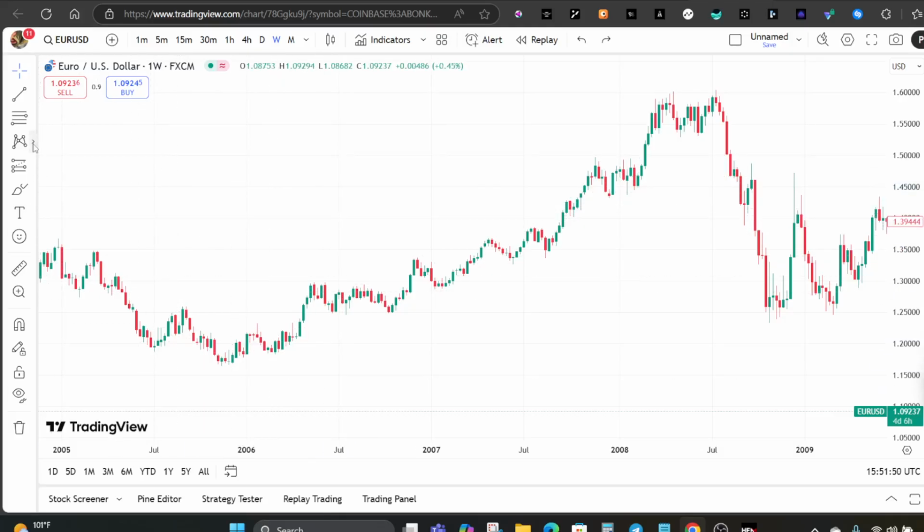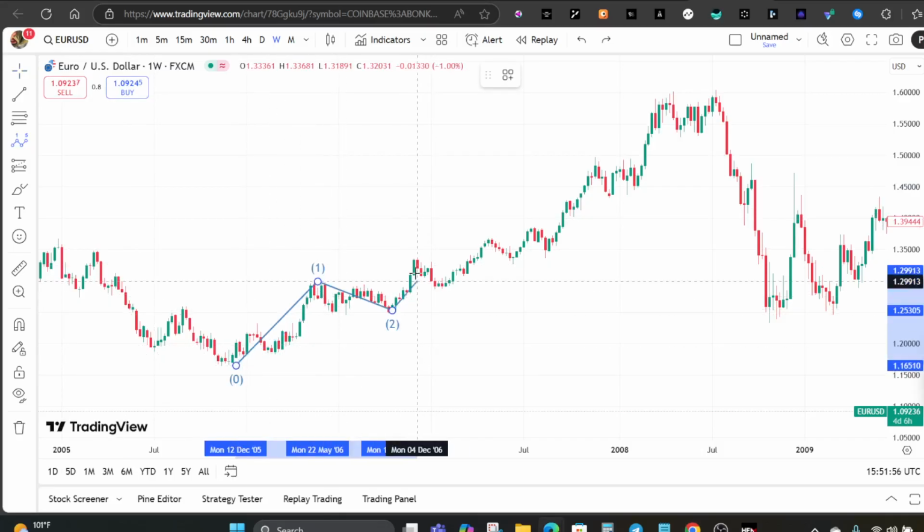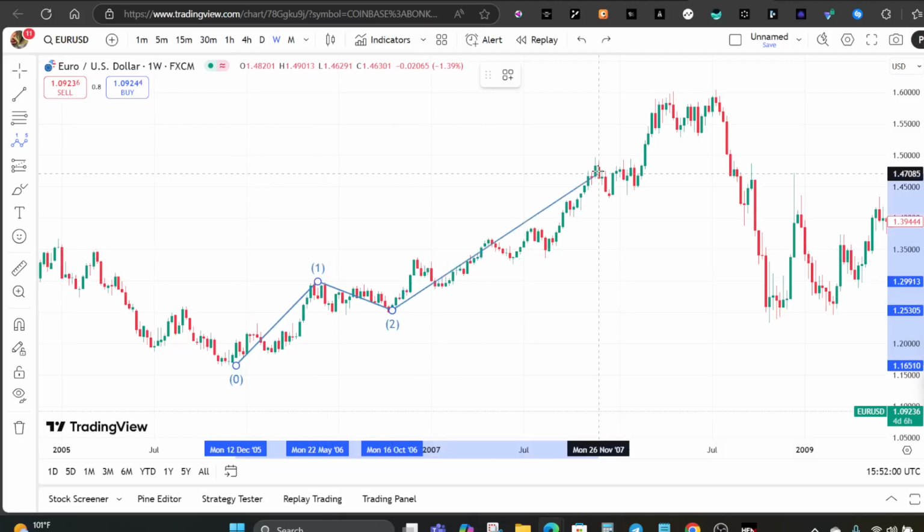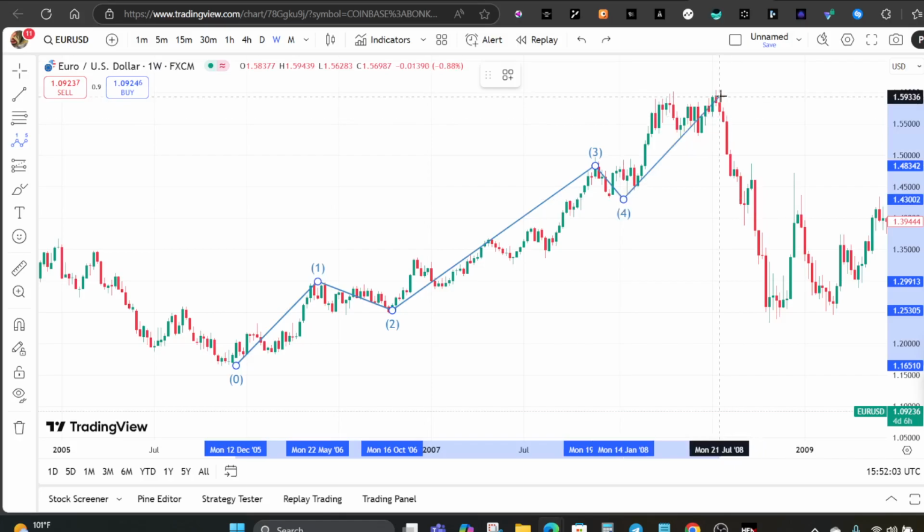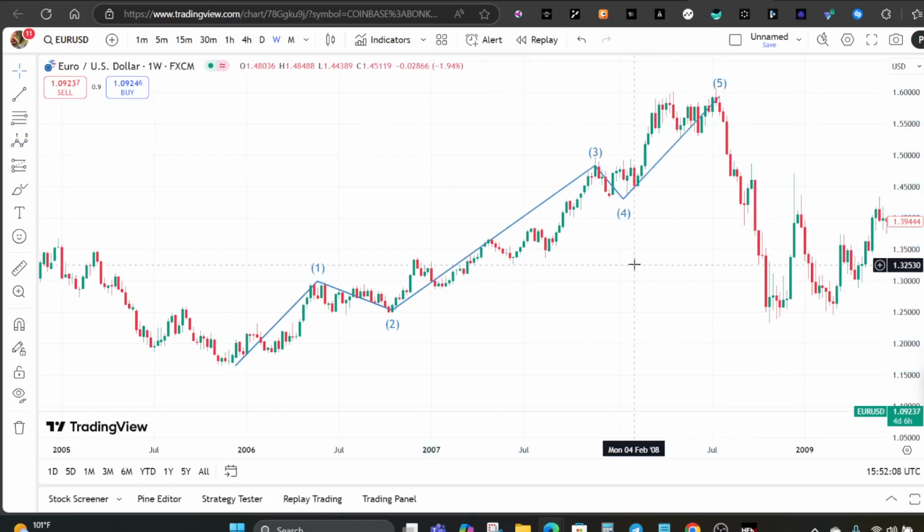Now, an impulse wave consists of 5 waves. It consists of 5 waves that move in the direction of the main trend.